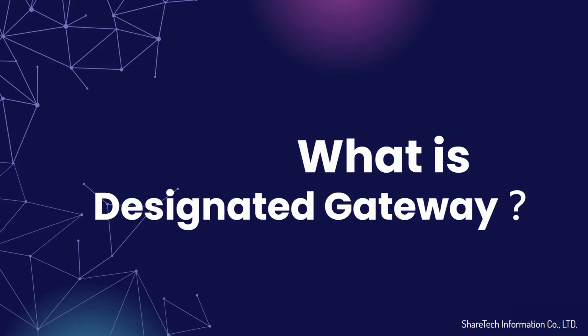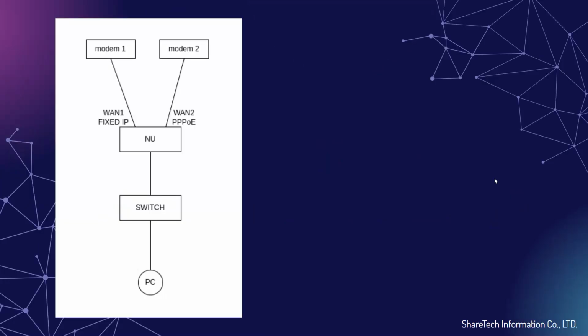And administrators can set up multiple designated gateways and then bind the same type of lines into a designated gateway group. For example, I have a fixed IP address as WAN1 and the PPPoE IP as WAN2.